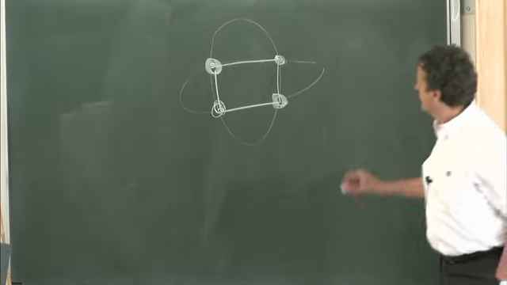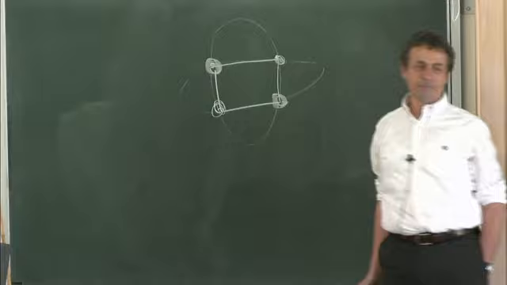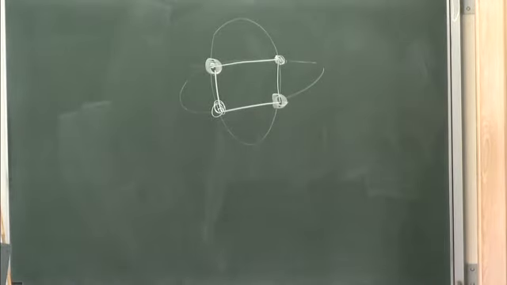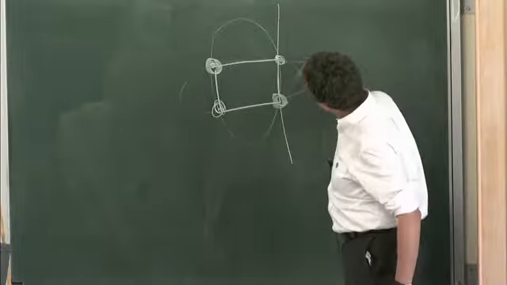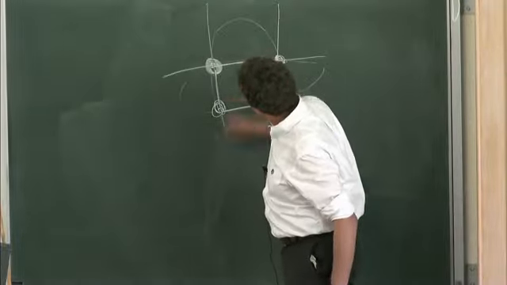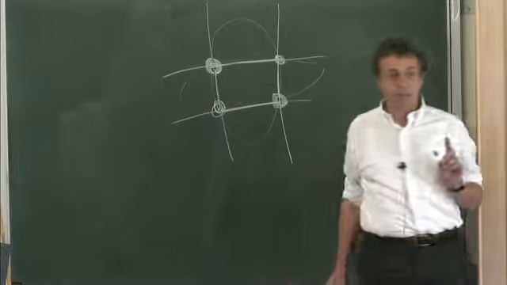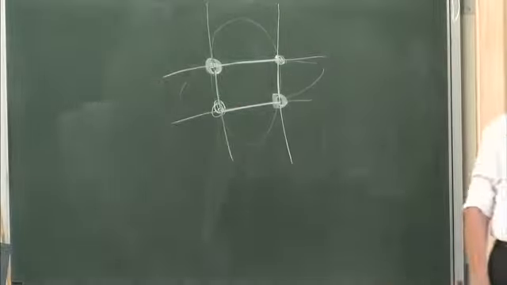Okay? That's the classical boundary. Now we want to disregard inequalities. So the algebraic boundary over the real numbers is the union of this line, this line, this line, and this line.